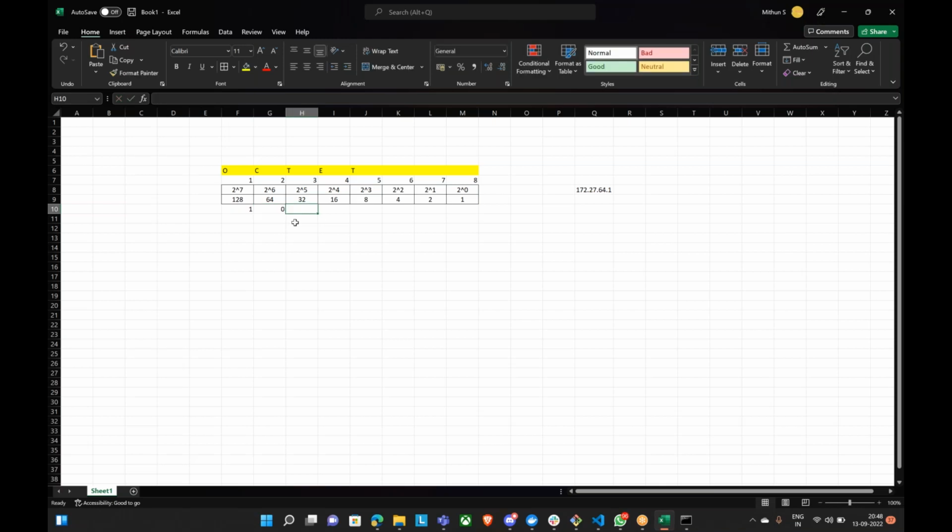Okay. Then what is 128 plus 32? So 160. Okay, that is fine. Then what is 160 plus 16? So 176. No, it is not a match. So then 160 plus 8? 168.